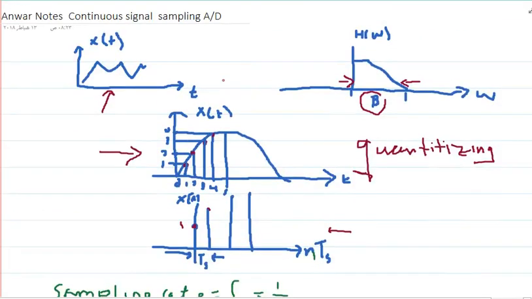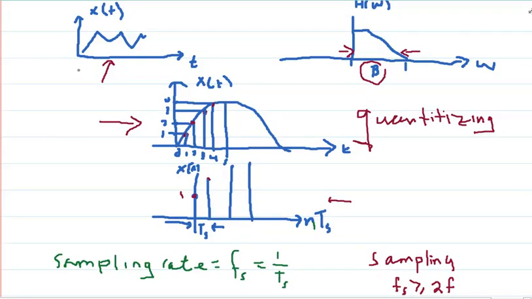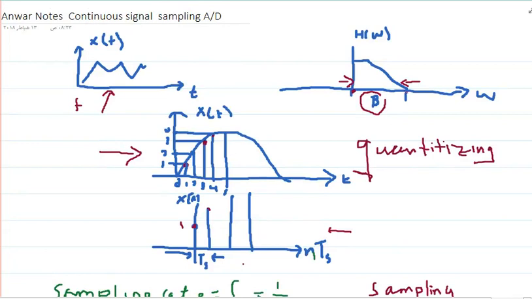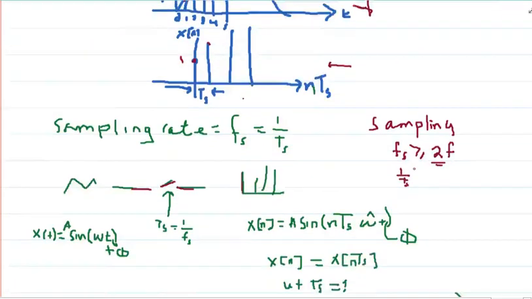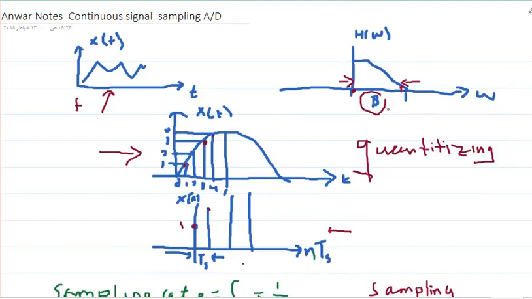Then the sampling rate or sampling frequency Fs has to be bigger than or equal to twice F. If this is F here, then Fs, which is equal to 1/Ts, is twice this frequency, or twice the bandwidth, because this is the highest frequency in the bandwidth in the spectrum, so it has to be twice B. So Fs is twice the bandwidth, and this is the bandwidth here.